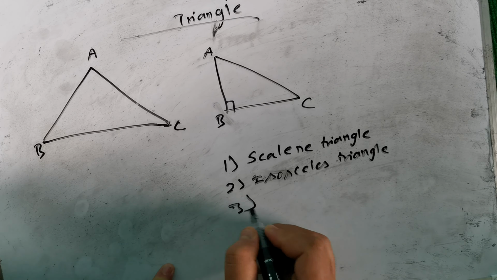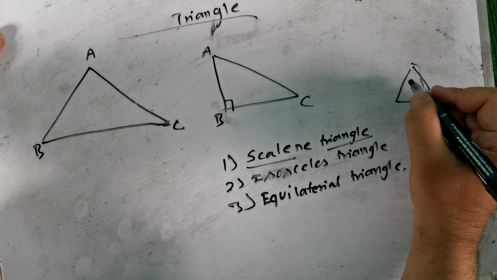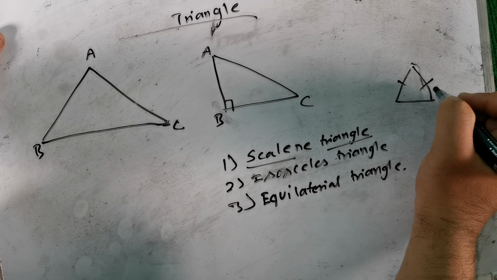Scalene triangles are those triangles in which angles and sides are not equal. Isosceles triangles are those where two angles and two sides are equal.